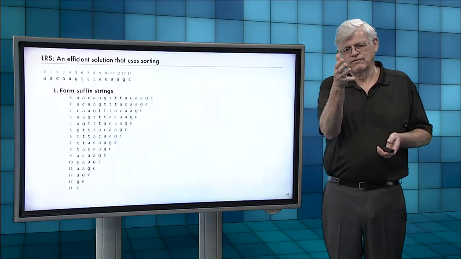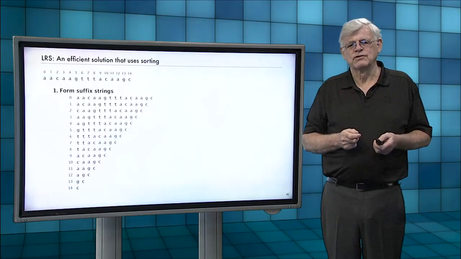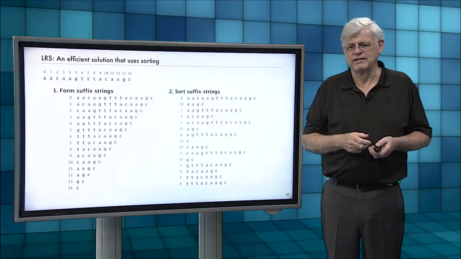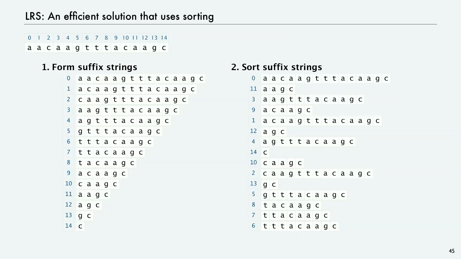That's the first step in this solution. Then what we're going to do is sort them. They're just strings, so we'll go ahead and sort them, and we'll keep track of the indices that go with them. Now we don't have to check all pairs, because the ones that have the same prefixes are going to be together in the sort.